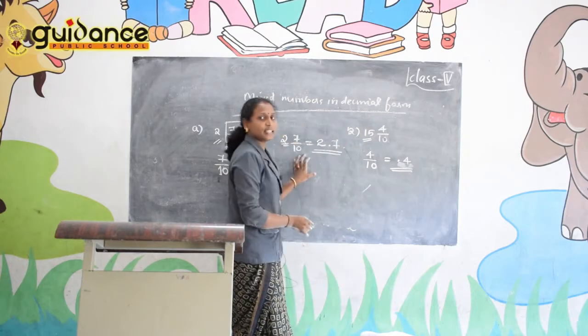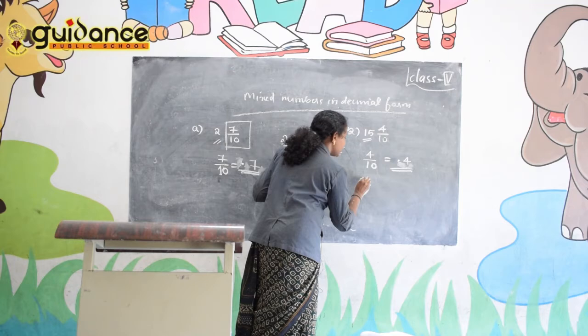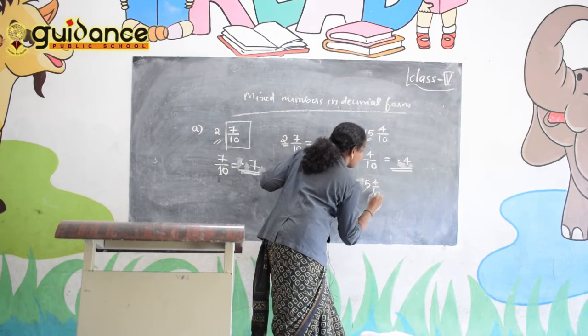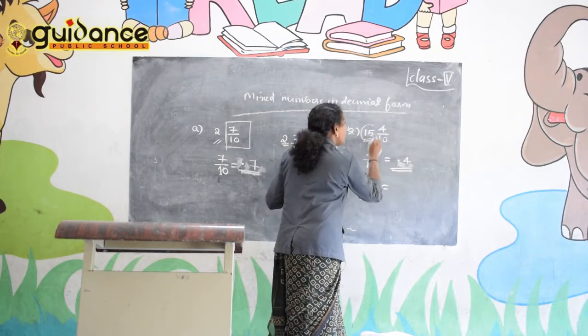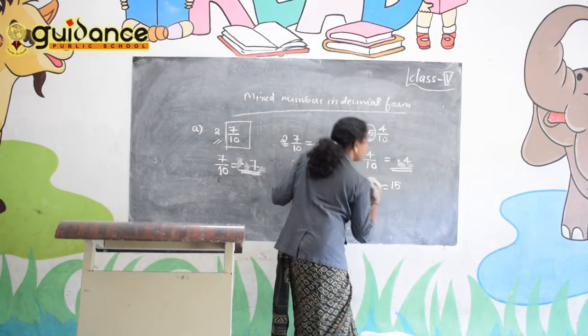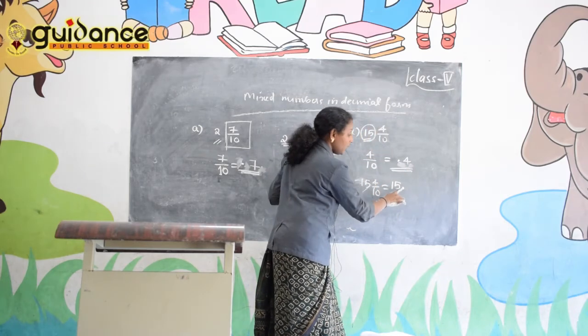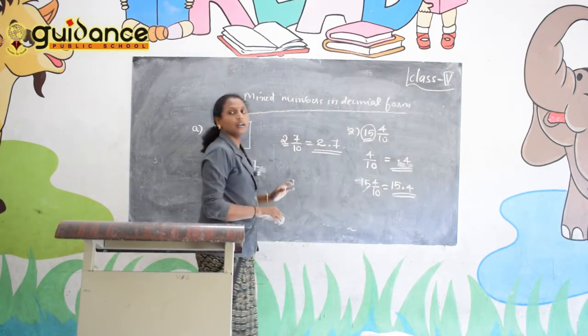Okay. Next we will write the mixed fraction in decimal form. First we have to write the whole number part. After that, put the decimal point, then write the number 4.